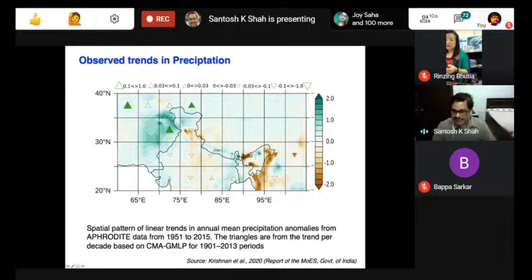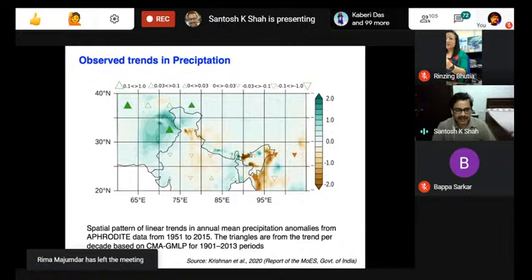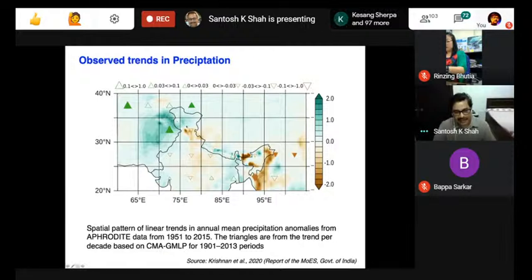This color scale also represents whether the precipitation or snowfall is higher. If you see the wind pattern, this region is influenced by western disturbances, the wind coming from the Mediterranean region, and this region is also influenced by the southwest monsoon.